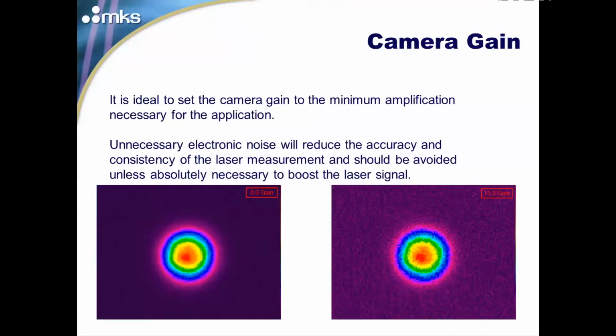The camera gain is really a special feature: if you need to boost your laser signal, and you can't get that signal any other way, then you can start adding some gain. Otherwise, leave gain at 0 and it'll make your life easier. So you can see the clear difference between different gain settings on this slide.